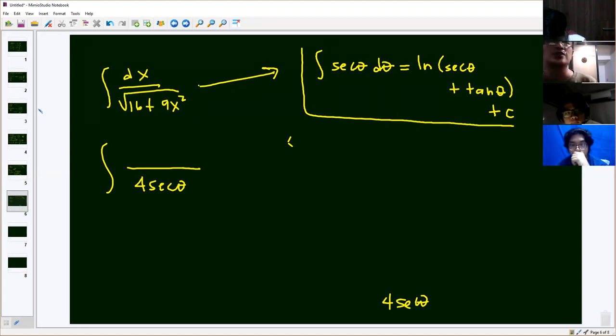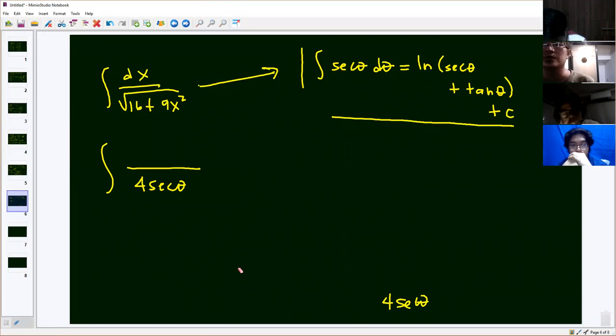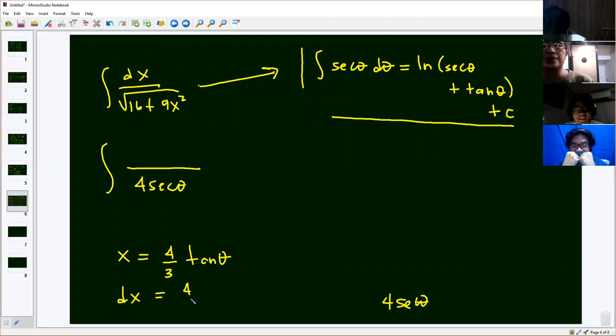Saan ko kunin yung dx na yan? Doon kanina. X is 4/3 tan theta. Sulat ko lang sa ilalim. So, para lang siyang yung substitution natin na kailangan palitan lahat. 4/3 tan theta. So, our dx is 4/3.